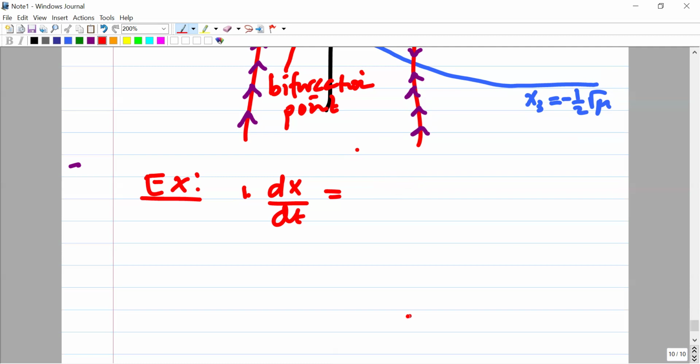Okay, it will be 4x cubed minus 2x. This is the one that can work. All right, and check what type of bifurcation it exhibits, which should be pitchfork, and draw the bifurcation diagram.